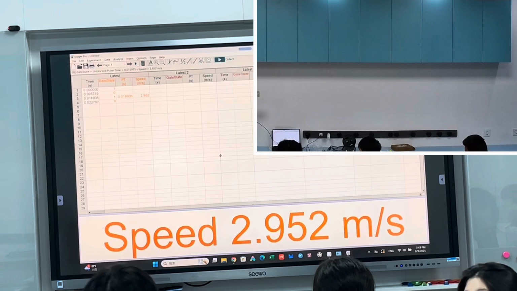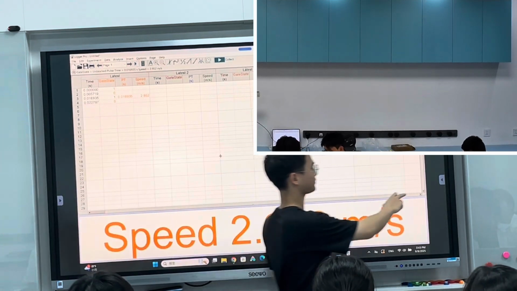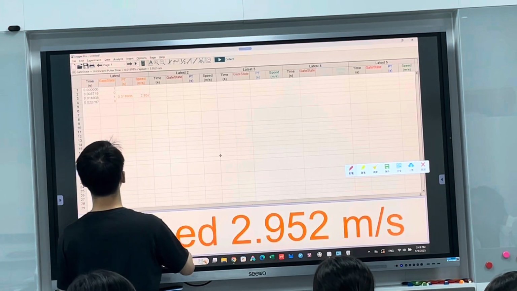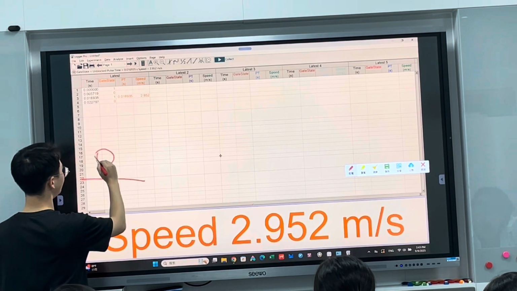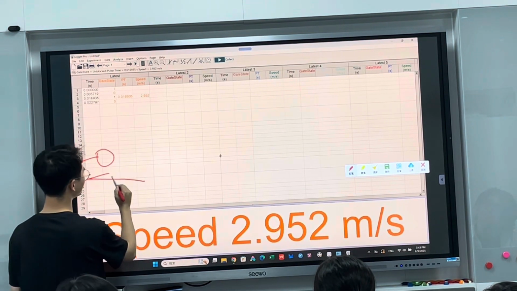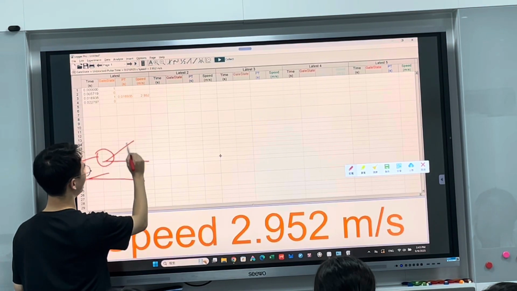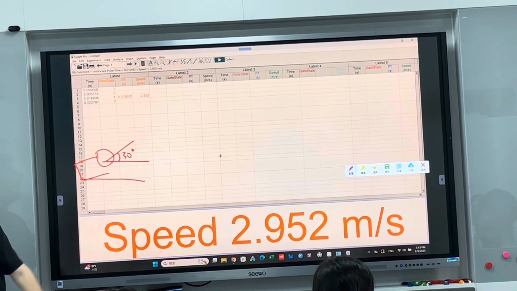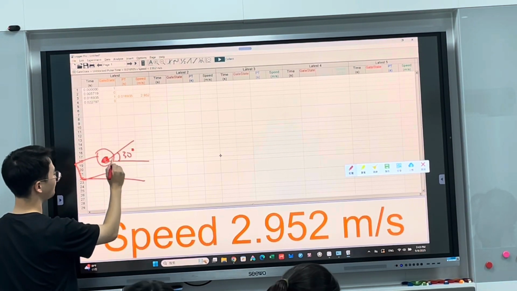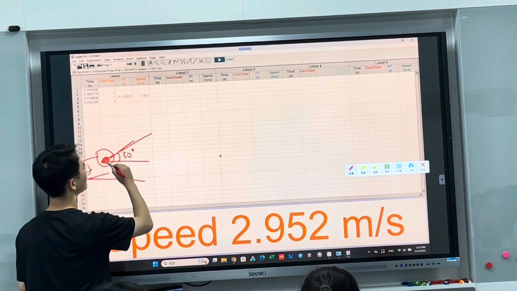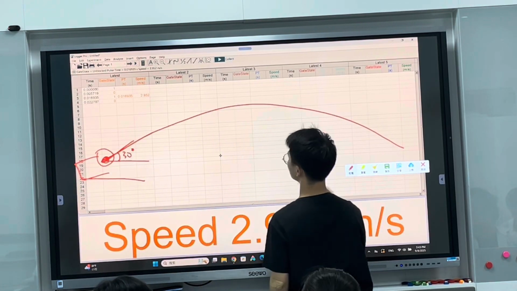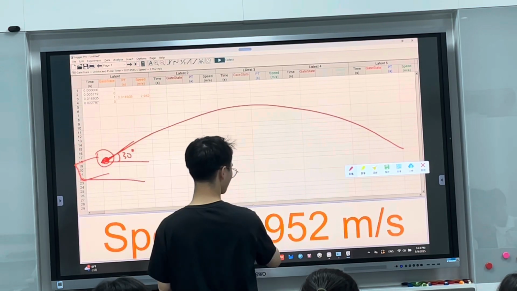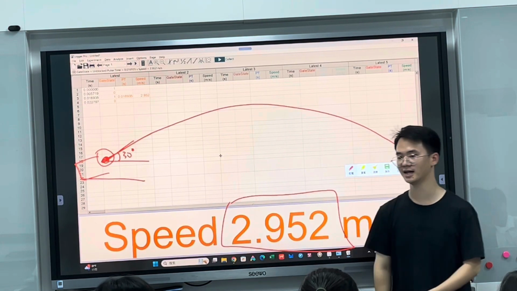let's do a quick calculation here. If we draw the experiment setup, we know that this here is the launcher, right? The launcher has an angle of 30 degrees with the horizontal, right? So the ball is being shot in this direction, and the trajectory looks like that, right? And we know that the initial velocity is 2.952.